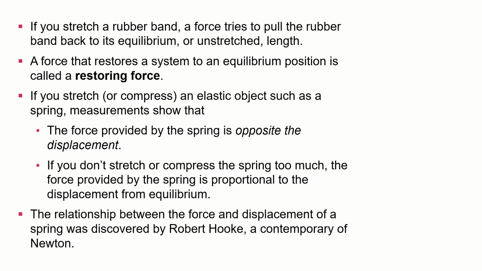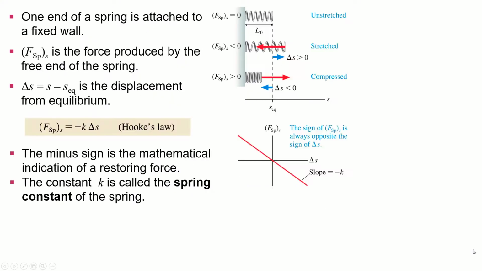These types of forces can be explained and modeled using what's known as Hooke's law. The classic example, and the one we're going to focus on the most in this course, is springs. You have some spring that has some equilibrium length, L naught, we'll say.